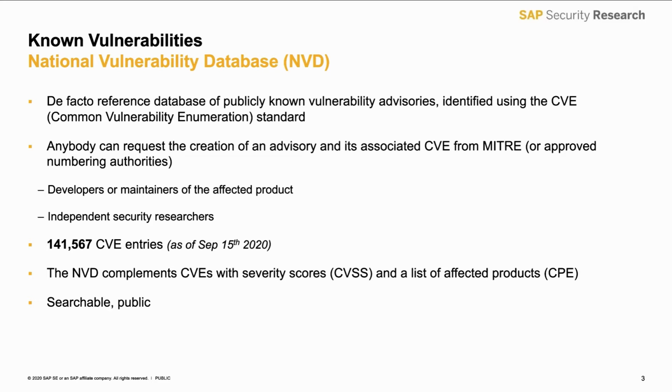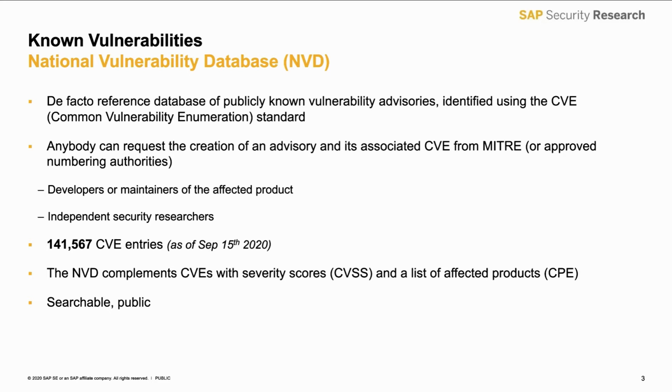At this time, the NVD contains quite a number of distinct CVEs, part of which also refer to open source products. And the NVD also complements advisories with severity scores, called CVSS, as well as with a list of affected products, named CPE. A positive aspect of the NVD is that it is public, so anyone can use it and it is searchable.